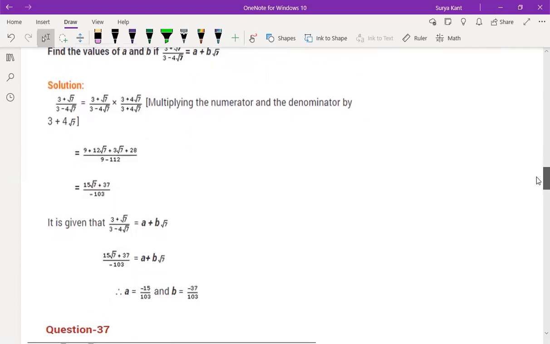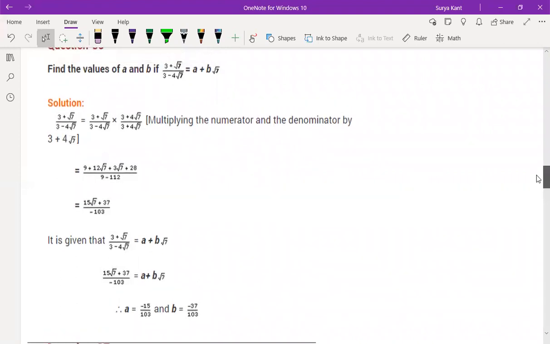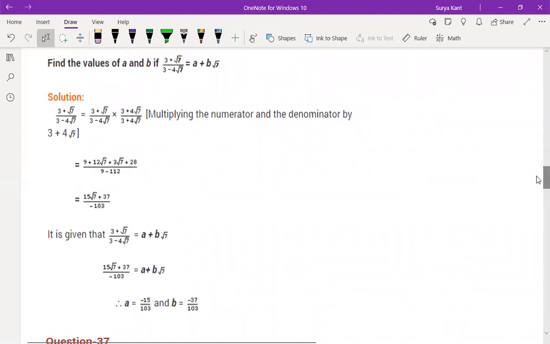See, they are getting 15 root 7 by 103. It says in the solution that it was 15 root 7 plus 37. Here they are making a mistake. Here they should write B and here they should write A. They should interchange, because root 7 is there, so root 7 should come in the B case.